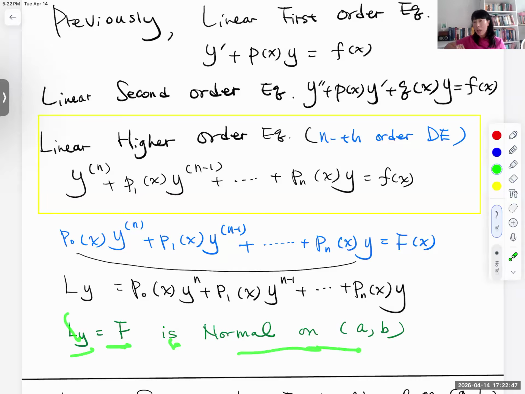the open interval A and B. Now, what is normal? Let's take a look. We have a theorem.